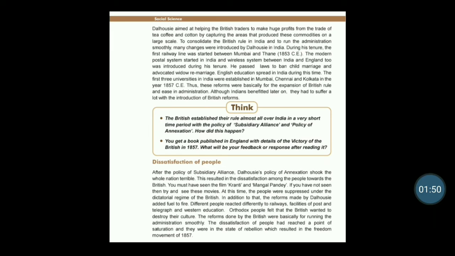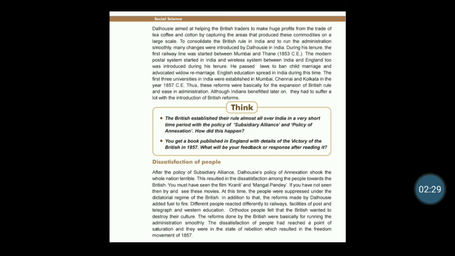He passed laws to ban child marriage and advocated widow remarriage. English education spread in India during this time and was made compulsory. The first three universities in India were established in Mumbai, Chennai and Kolkata in the year 1857 CE. Students, note down this point.